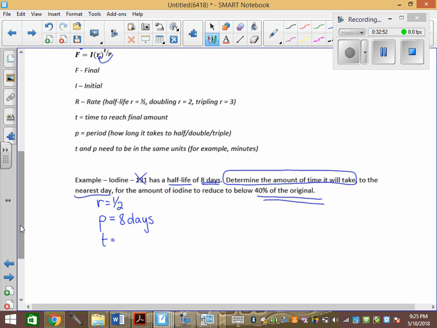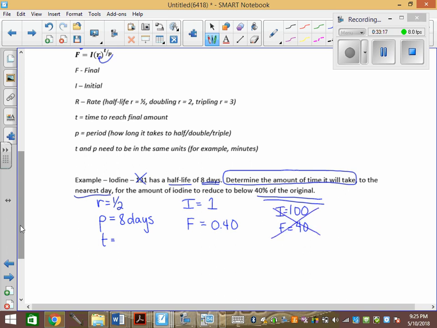So for me, I'm going to make our original, our initial, be 1. Then our final is going to be 0.40 because 40% of 1 is 0.40. If you had made your initial be 100, then your final would be 40. It doesn't matter which initial or final you use because we're going to divide it over.